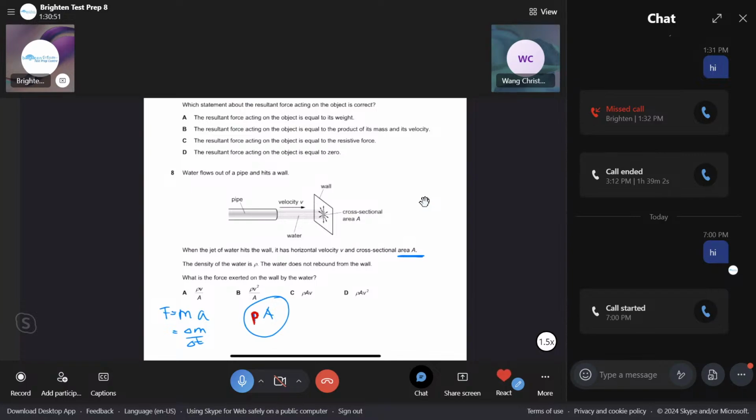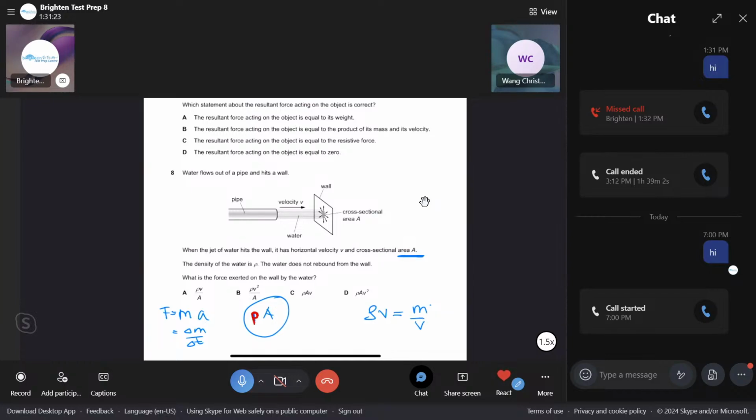Density times velocity will give momentum over volume. That's one thing. Now when you look at the result, in such a case it's always helpful to look at the given answers.